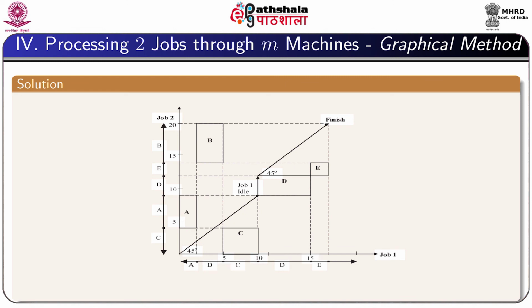Now, following the algorithm, we can draw the path. As you can see, we have 5 blocks here A, B, C, D and E, and we draw the path.